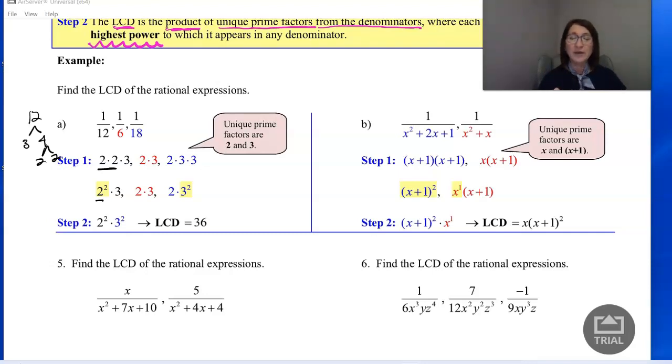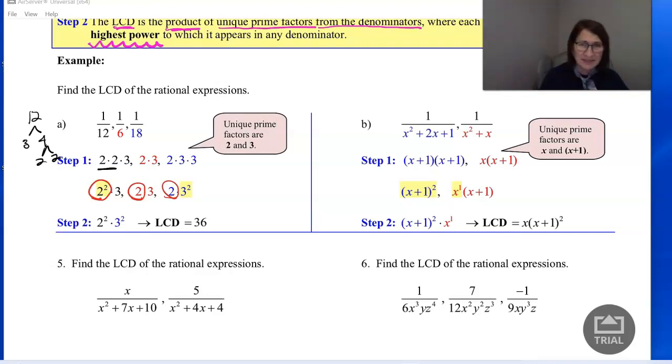So when we compare, let's start with comparing the 2's, okay? So I'm looking at 2's, and I've got a 2, a 2, and a 2. I'm going to pick the base 2 that has the highest exponent. That's what I'm going to use for my least common denominator.